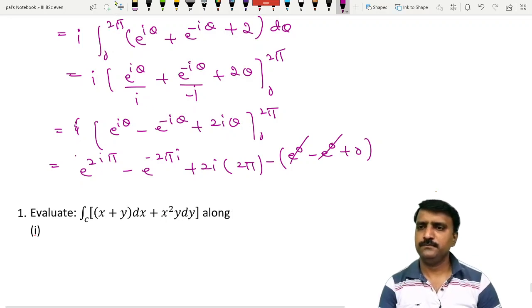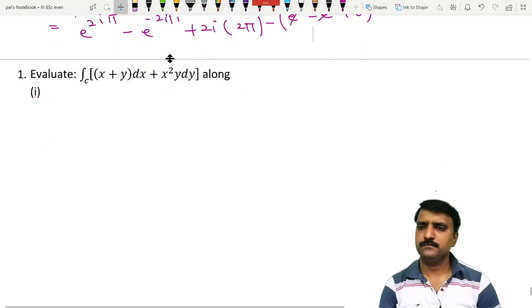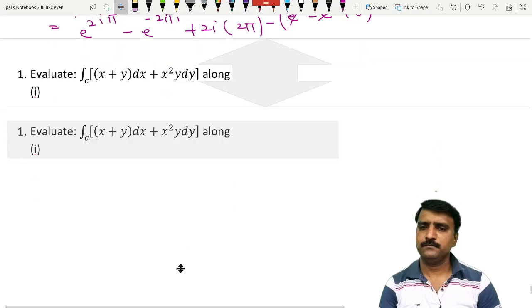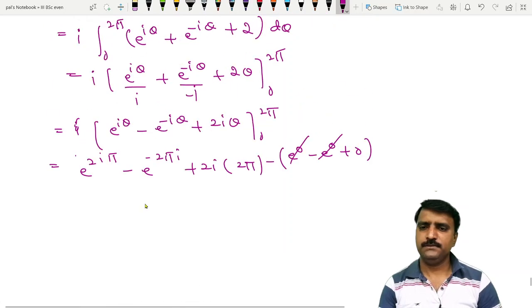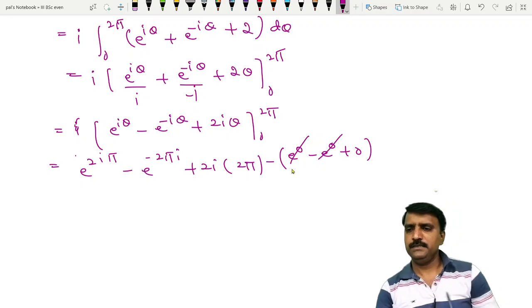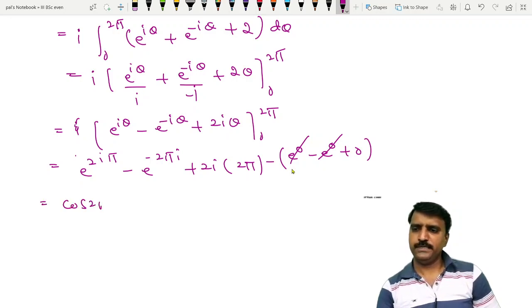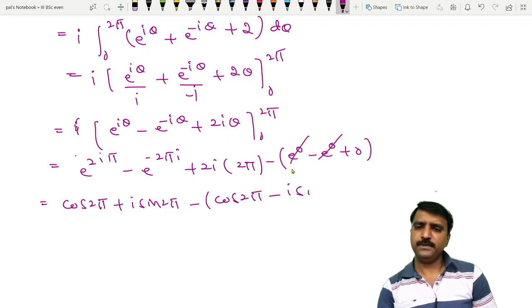So now, simplifying this, this is completely 0, and this is cos 2 pi plus i sin 2 pi minus of cos 2 pi minus i sin 2 pi.